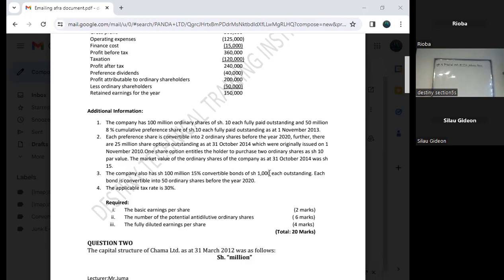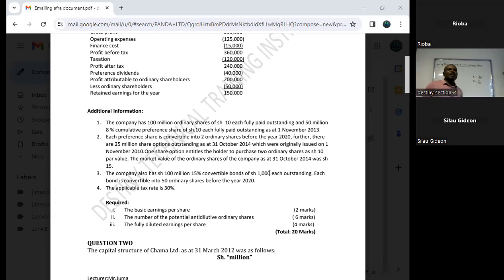Alright, so when does it become dilutive? I want you to answer that question with this illustration here. Scenario A, house is 20, Wanos is 10. B, house is 10, Wanos is 20. Which scenario is dilutive? A or B?